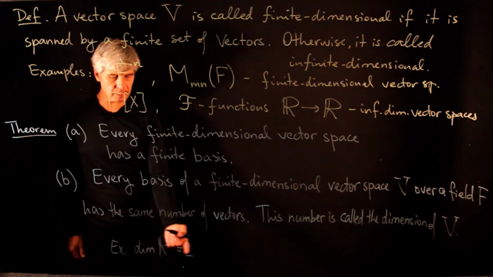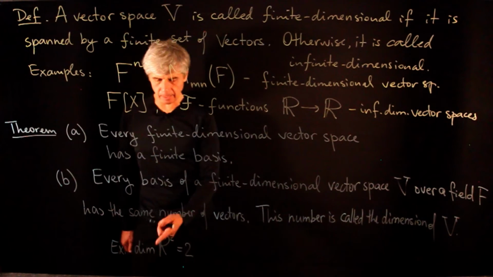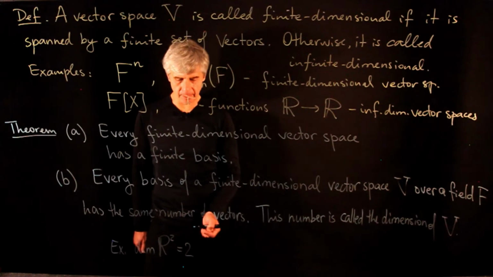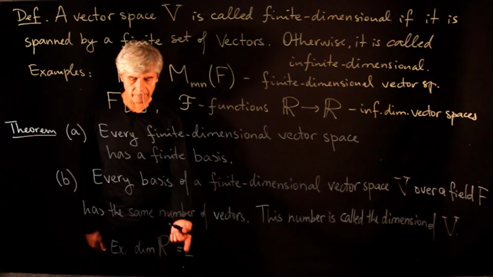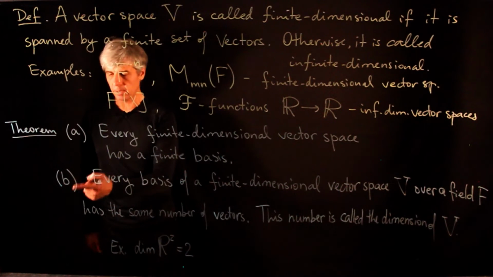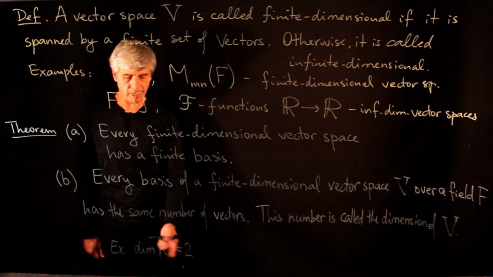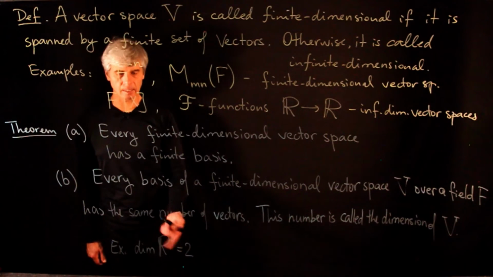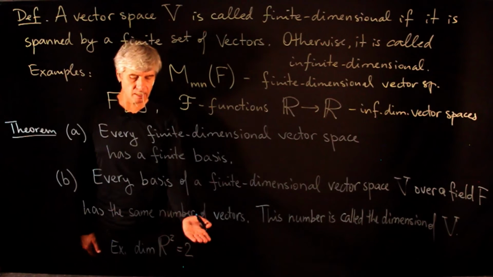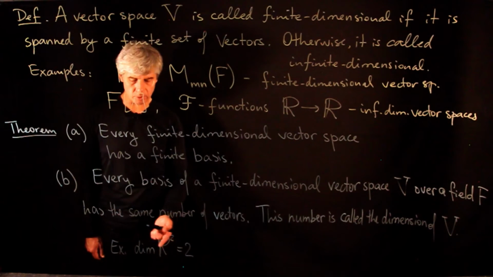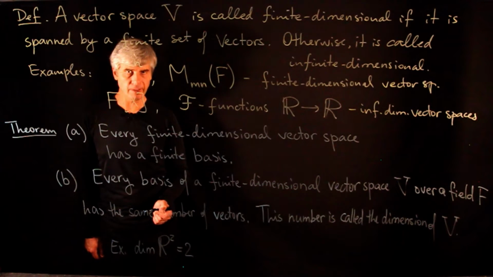What we see is that there is more than one way of choosing a basis on a plane, but every basis we choose will have two vectors. This is the claim of part B, that every basis will have the same number of vectors. And we know that R2 has some basis with two vectors, so every basis of R2 has two vectors. This number 2 is called the dimension of the vector space.